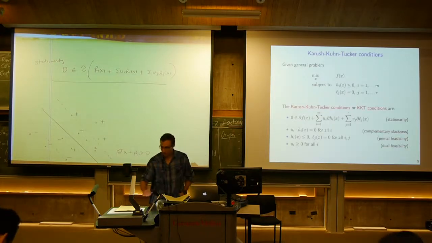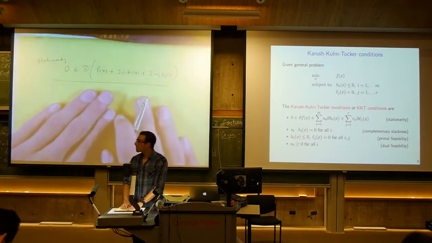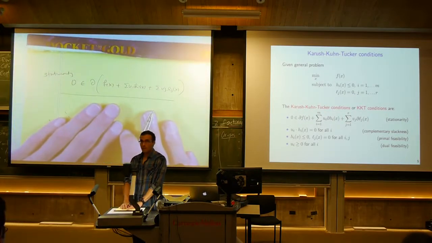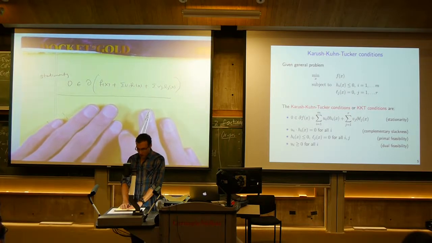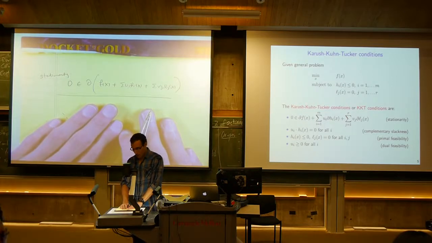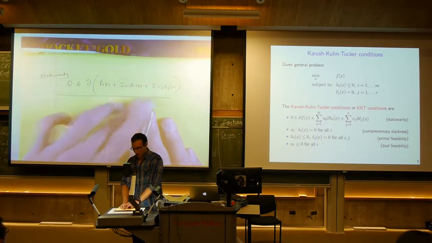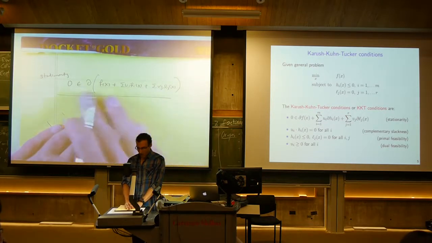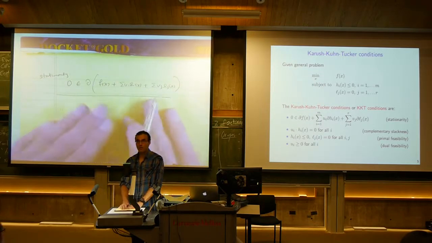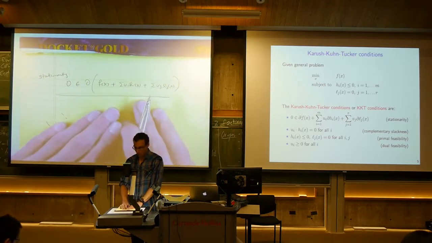The stationarity condition is supposed to say this: 0 is in the subgradient of the Lagrangian at the point x given u and v. What I've written down is equivalent to this, provided that f, hi, and lj are all convex. Because for convex functions, the subdifferential of a sum of functions is the sum of their subdifferentials. That was one of the first rules we learned.